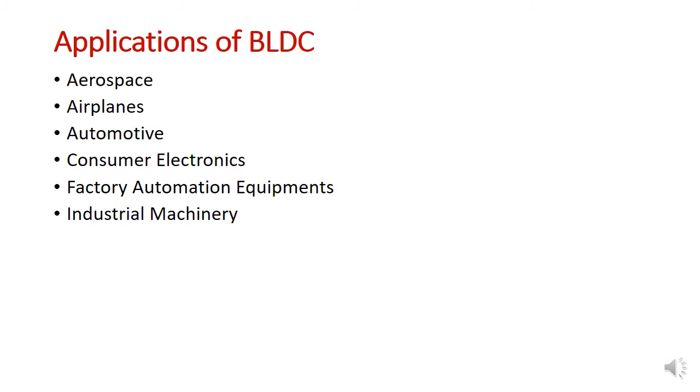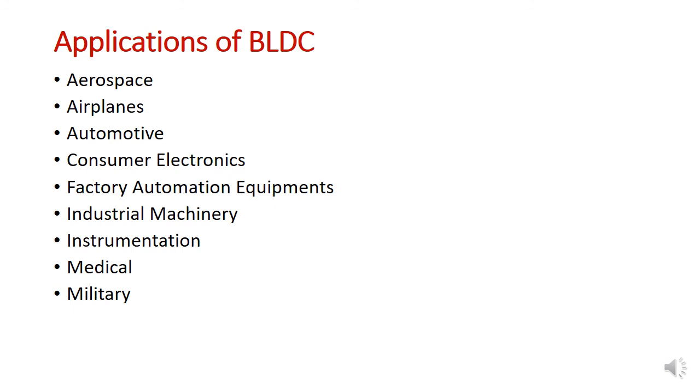I already discussed many hazardous situations. We cannot use conventional machines because they may produce a spark, which will damage the entire infrastructure. To avoid this, we can go for a brushless DC motor wherever the environment is very hazardous. Then instrumentation. Again, it is very accurate, so we can use it in an instrumentation system.